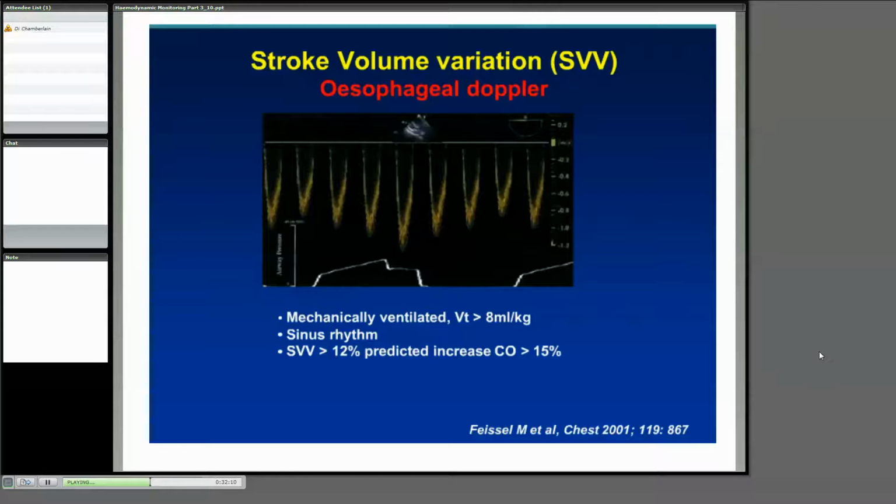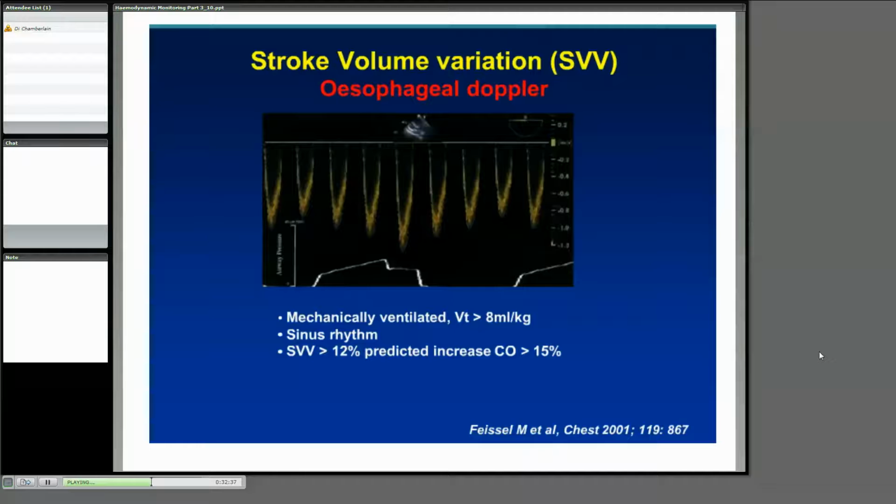So, moving on, stroke volume variation can also be seen through an esophageal doppler. And there's a new nasogastric tube out now that comes with a doppler positioned in the right spot, and you can do your doppler as part of your routine care, and that picks it up even better. And you can see the stroke volume changing here.